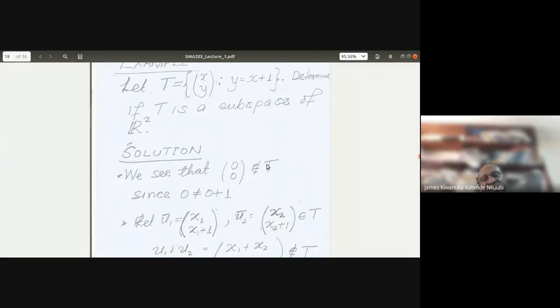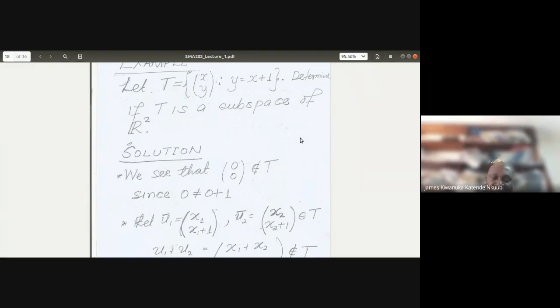We check the first one, and we can clearly see that the zero vector is not in T because 0 is not equal to 0 plus 1. Any vector in T must satisfy this property, and therefore the zero vector is not in T. That alone is sufficient to conclude that T is not a subspace. So with that alone, you don't need to go any further. You can easily stop there and claim that T is not a subspace.